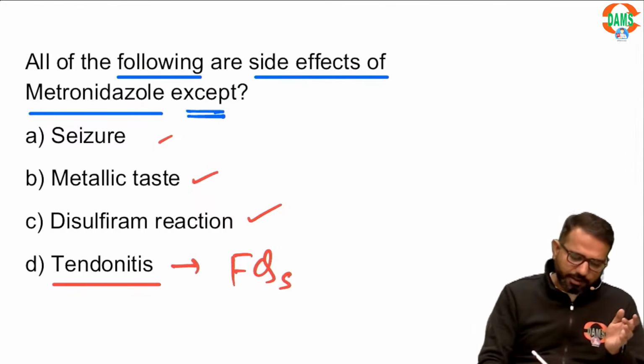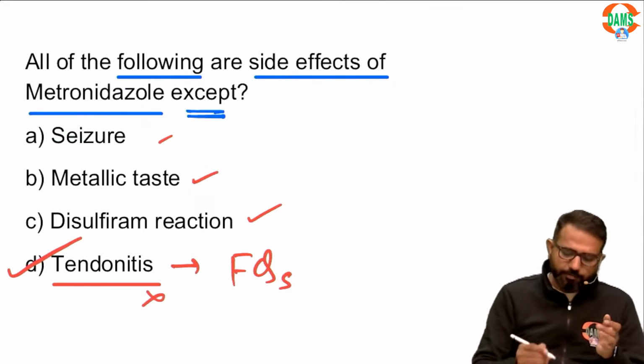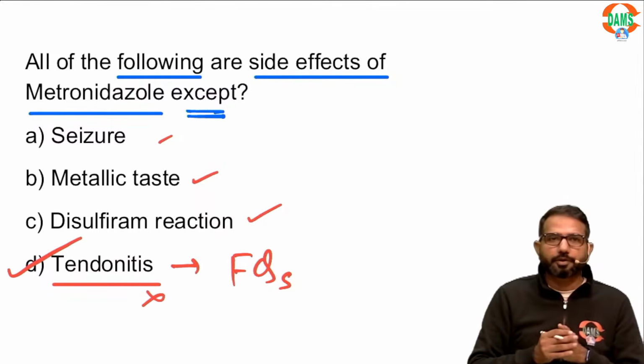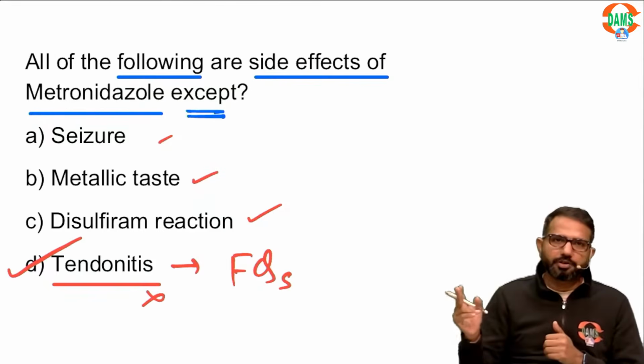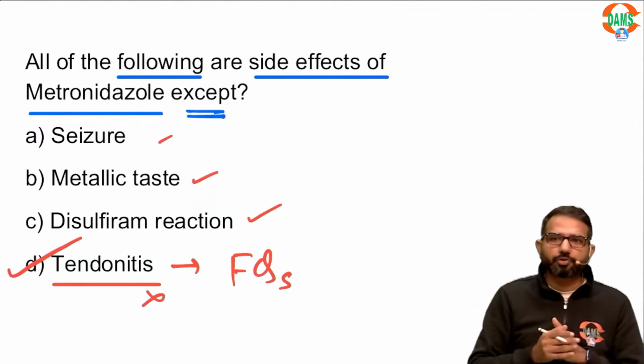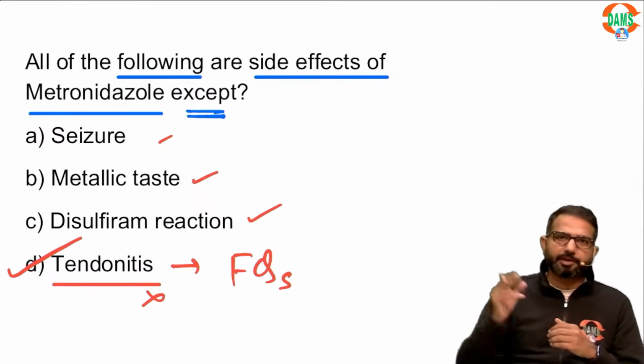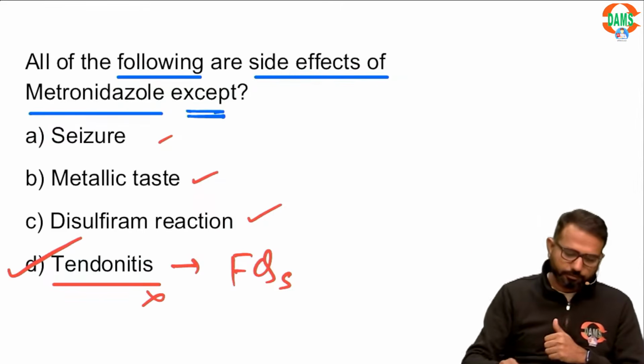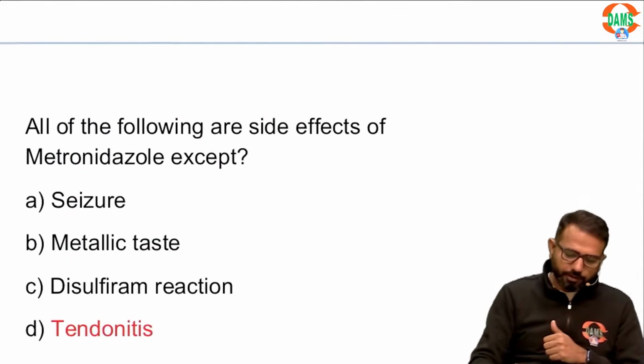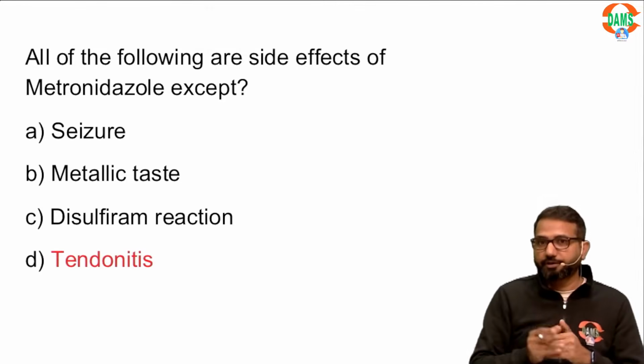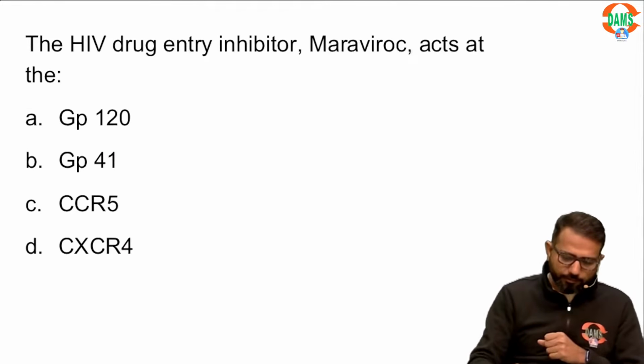So tendonitis is not seen with metronidazole. The rest of the side effects are seen with metronidazole; out of these, metallic taste is the most common, and in alcoholic patients, disulfiram-like reactions. So a very simple but very tricky, very important question.